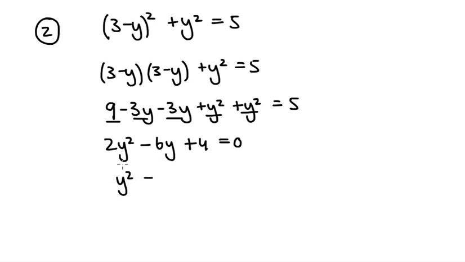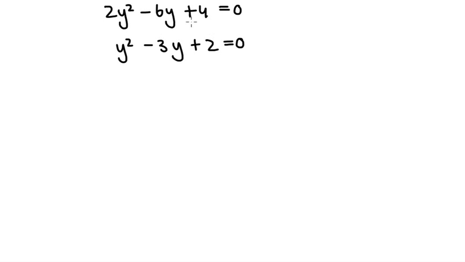So this will just make factorizing a little bit easier. So y squared minus 3y plus 2 equals 0. So it doesn't matter if I factorize at this stage or if I divide by 2 and then factorize, I'll still find the same values for y.